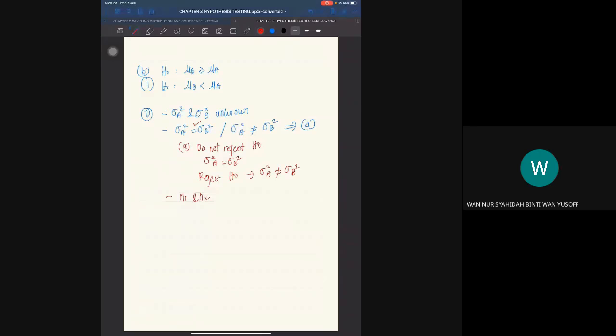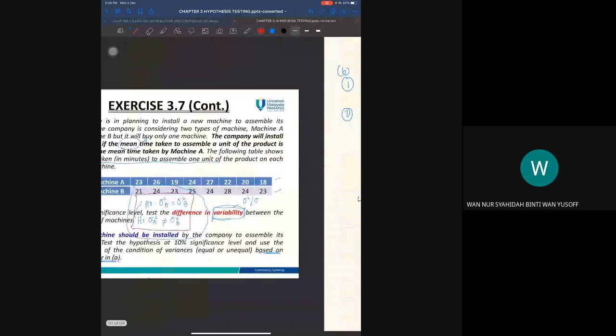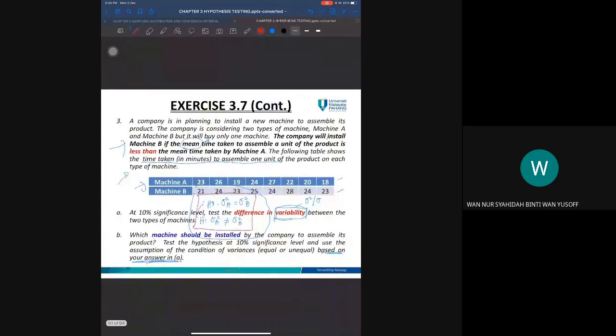We cannot proceed to B without completing the answer for A, because we need the answer for A for this condition. One thing: we can use the answer from A if the alpha here is similar to the alpha there.